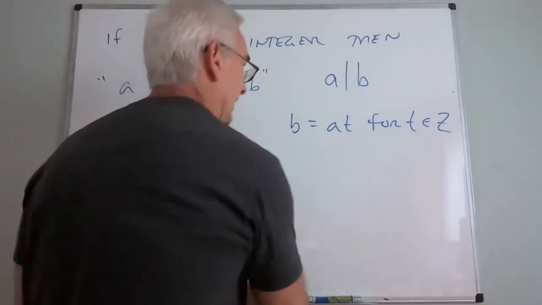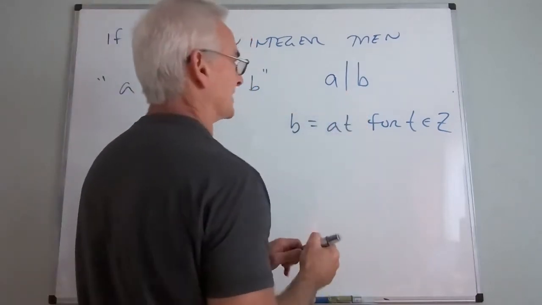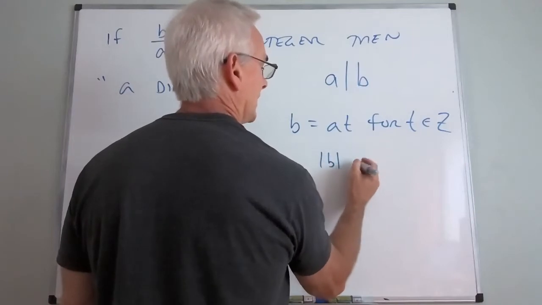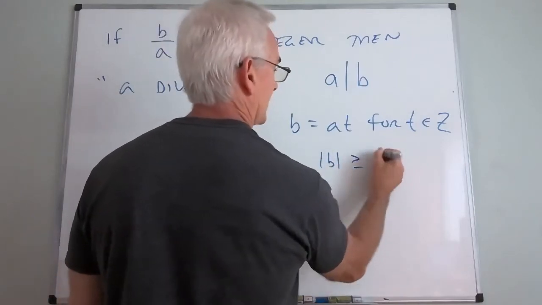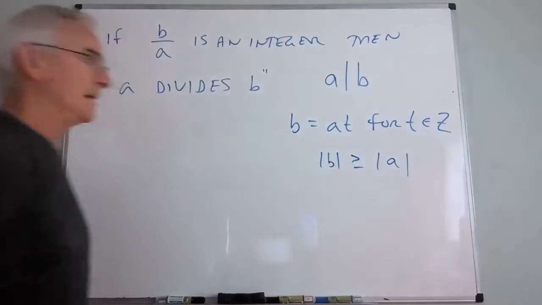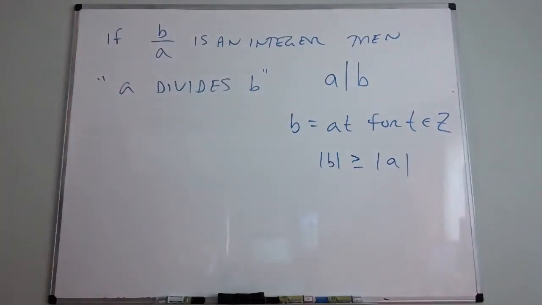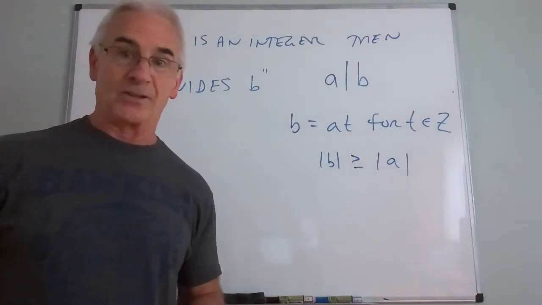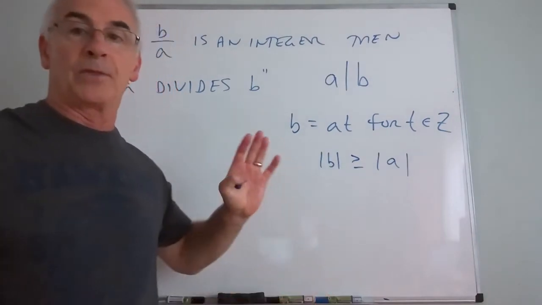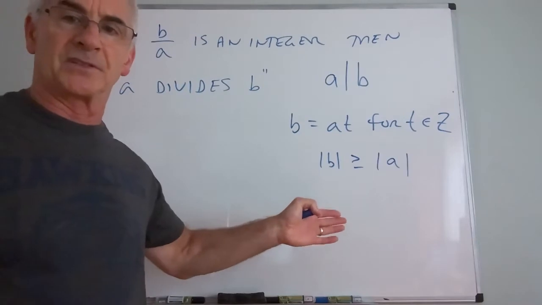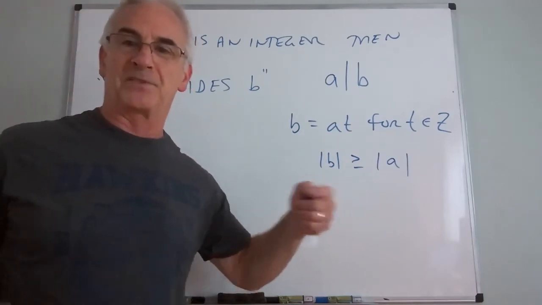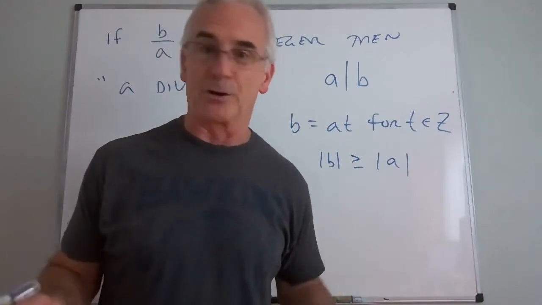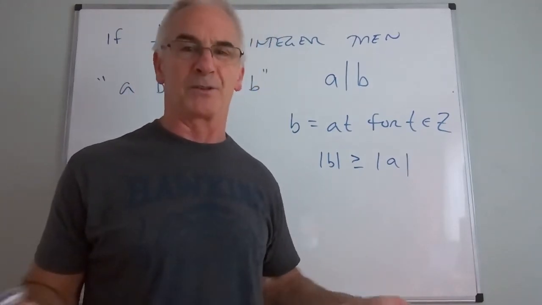But there is something in this context, and this is not in the textbook, but this context, it also means that the absolute value of B must be greater than or equal to the absolute value of A. And the reason I'm putting absolute value is A and B can be opposite signs. So I don't want to use an inequality. Now, the author actually uses inequalities in this case without absolute value, but says if we start with all positive numbers, then the following is true, but then also makes it very clear you don't have to be talking about positive numbers.